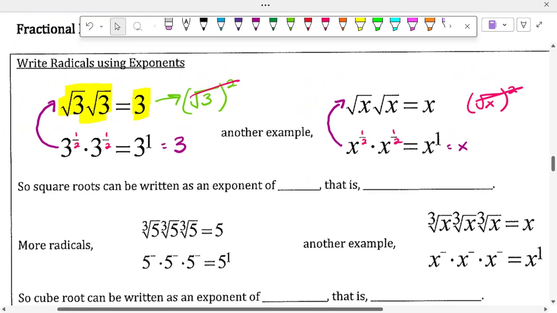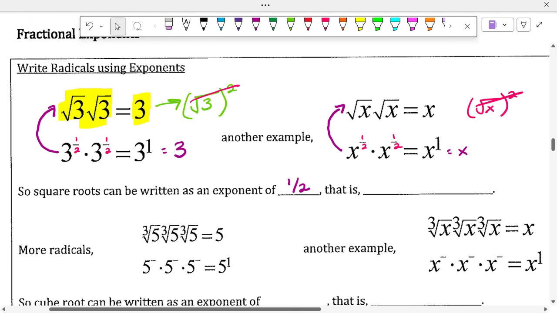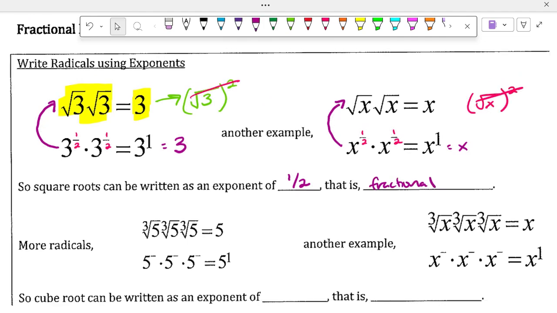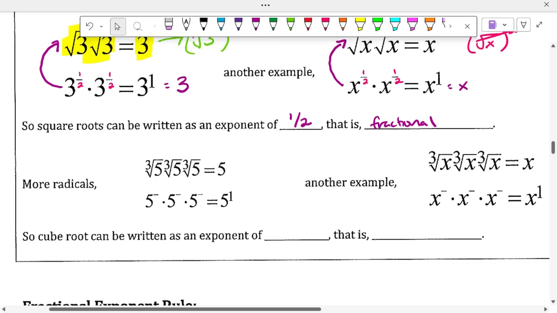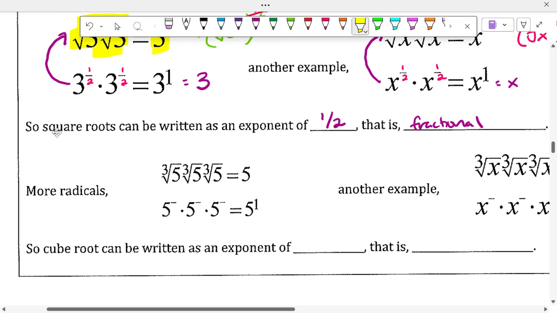So square roots can be written as an exponent of 1/2. And that is fractional. So square roots can be rewritten as 1/2.